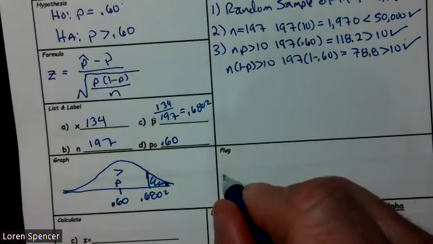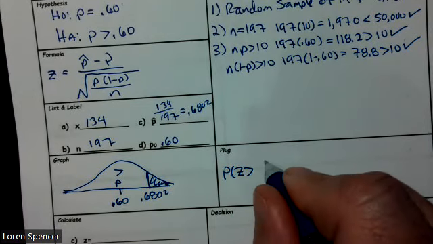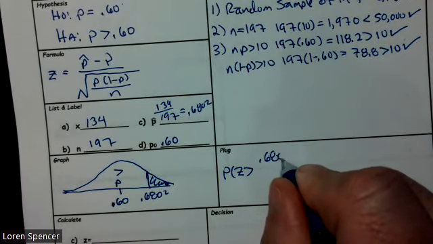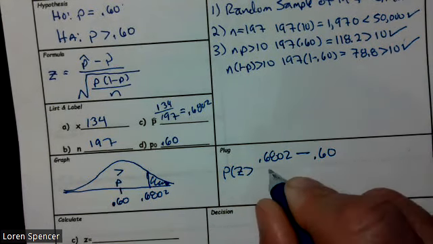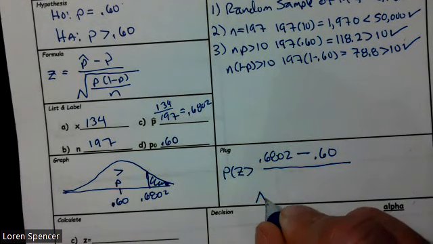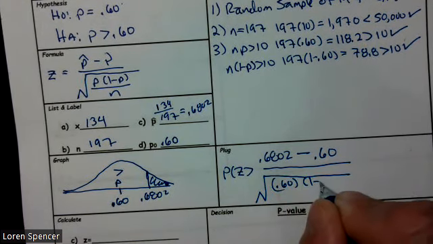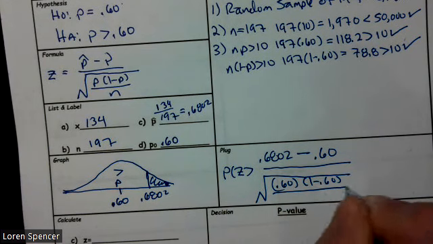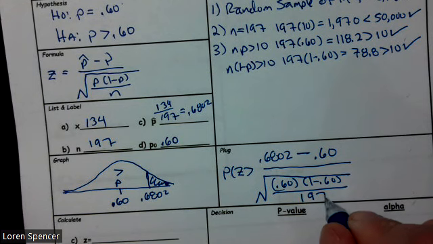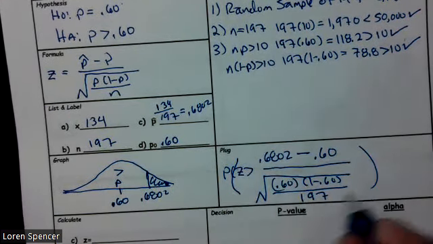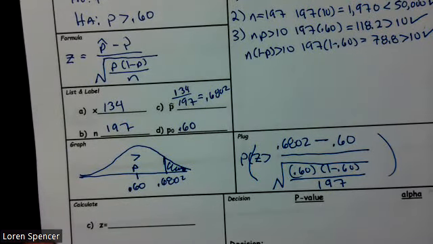So we're going to plug in, and we have the probability that z is greater than 0.6802, that's our p hat, minus our p of 0.60, all over the square root of 0.60 times 1 minus 0.60, over our sample size of 197. Now we use the greater than symbol because that's what we had in our alternative. So let's go ahead and run this thing.